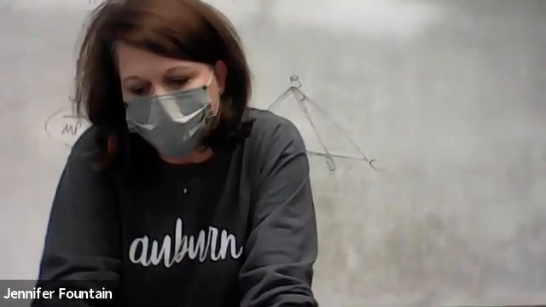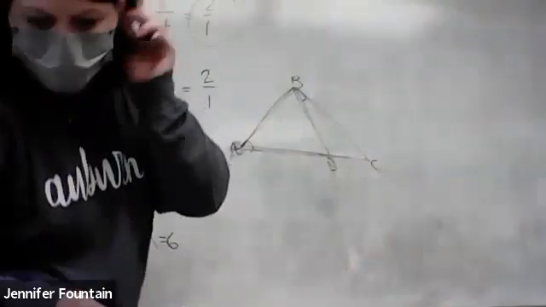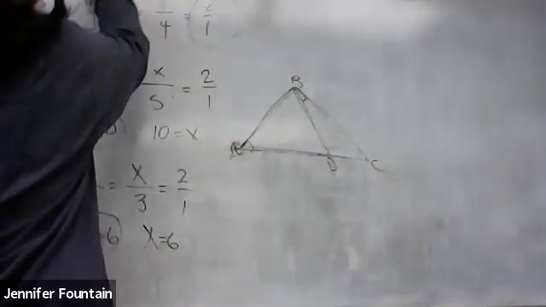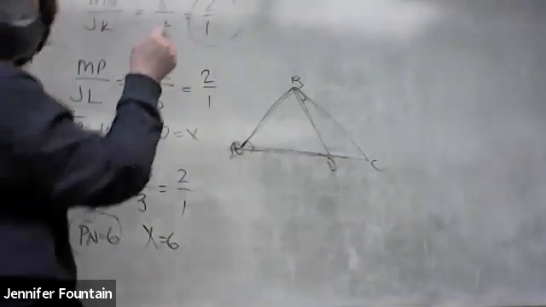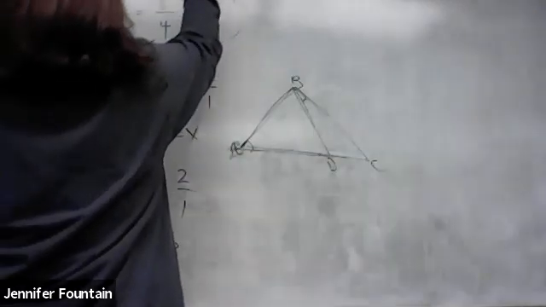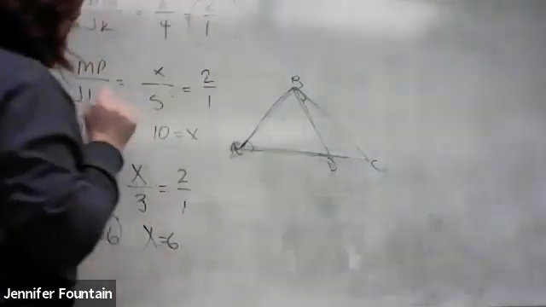So it says by the reflexive property of congruence, angle C is congruent to angle C. Because they told us that triangle ABC is similar to triangle BDC.